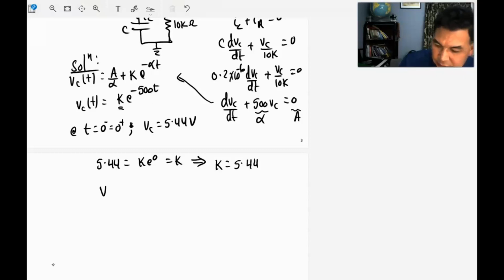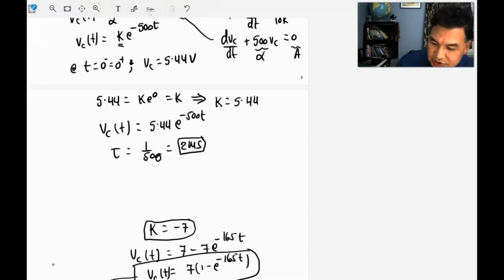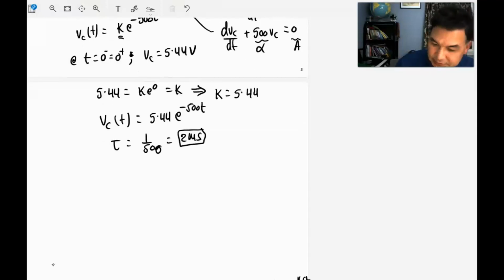Then your general equation is the voltage across the capacitor discharges over time like this: 5.44 e to the negative 500 t, and the time constant is 1 over 500, which is 2 milliseconds. So 2 milliseconds is the time constant in the discharge phase. The capacitor will discharge through the 10K resistor with a time constant of 2 milliseconds.